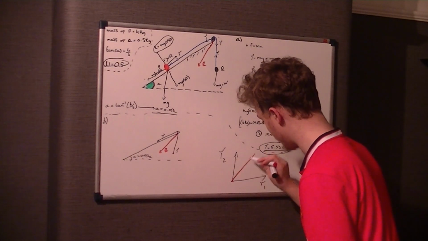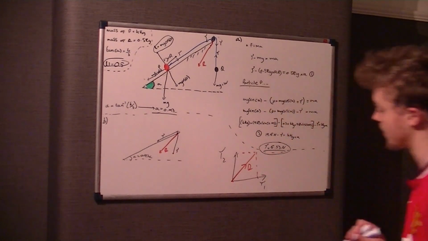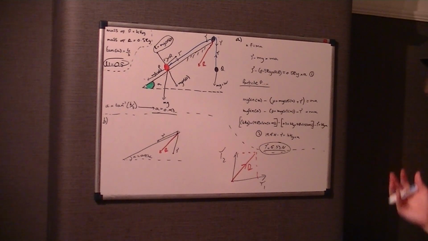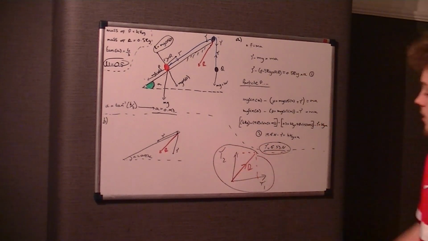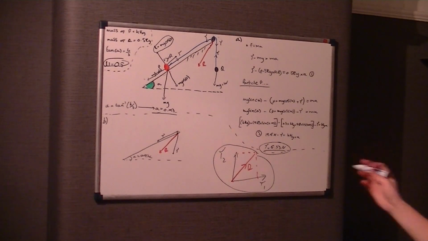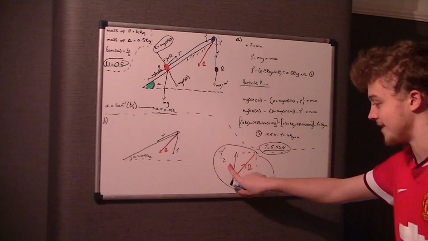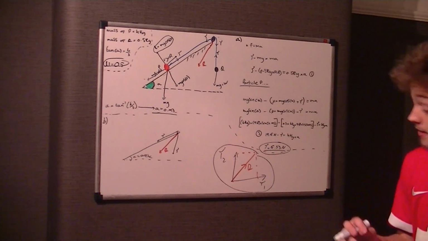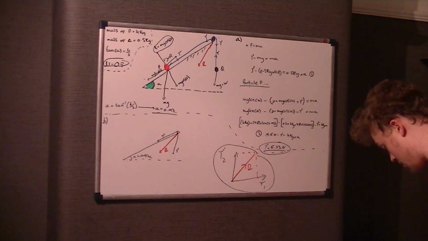And you had a resultant force, which you generally see as R. Casting your mind back, if you've done AS Physics, you would have encountered something like this, and you would have been asked to work out R. Basically what you would have done is consider this vertical component, which we call T2, and this horizontal component, which we call T1, and use Pythagoras to work out the resultant force in that situation.